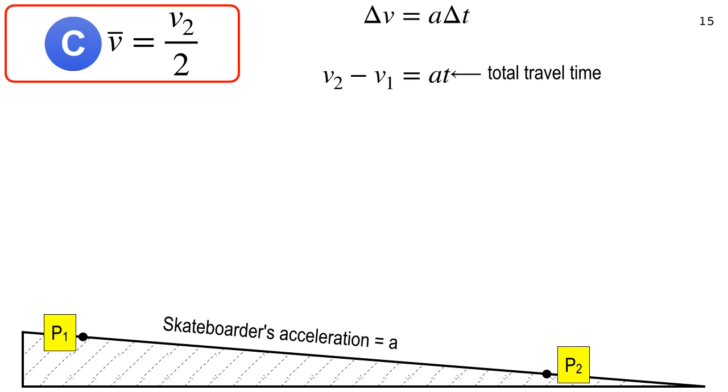If you're just going in one direction. Okay, now if you change direction, it's a little different. But if you're going in one direction, in other words, straight down the ramp, you're either slowing down or speeding up. And the amount of new speed that you acquire, delta V, is just how long you're accelerating times the amount of acceleration you have. So A delta T. All right?